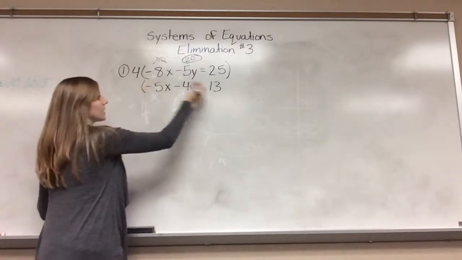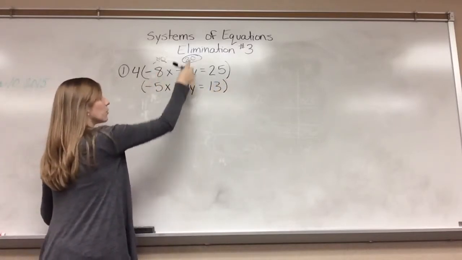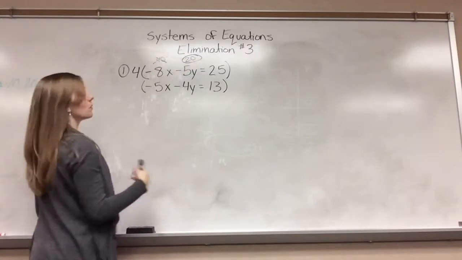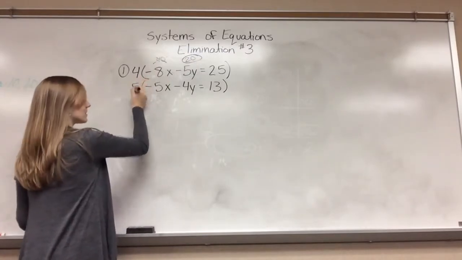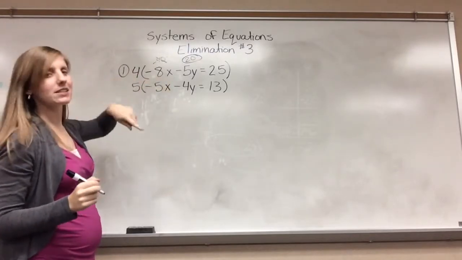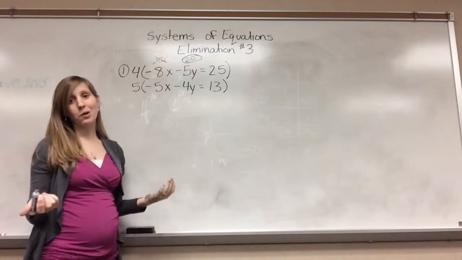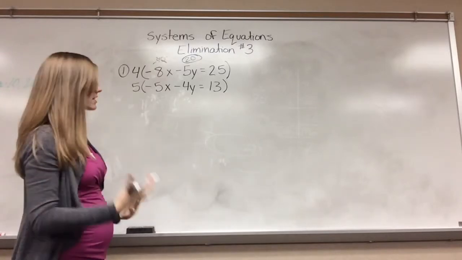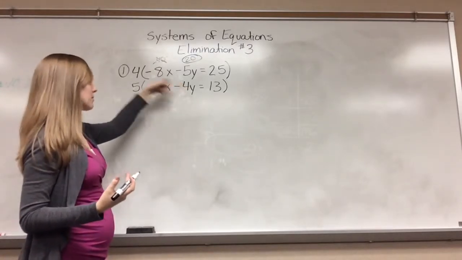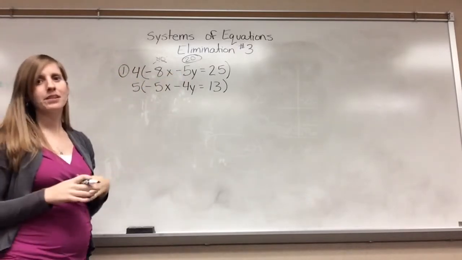I have to do the same thing at the bottom here. I have to think, what number times 4 will give me 20? Well, that answer would be 5. See how I kind of just flipped them? I took the 4 from the bottom, I multiply it to the top, take the 5 from the top, and I multiply it to the bottom. That'll always work, okay? So if you want a simple way to do it, just take the bottom number, multiply the top by it, take the top number, multiply the bottom by it.